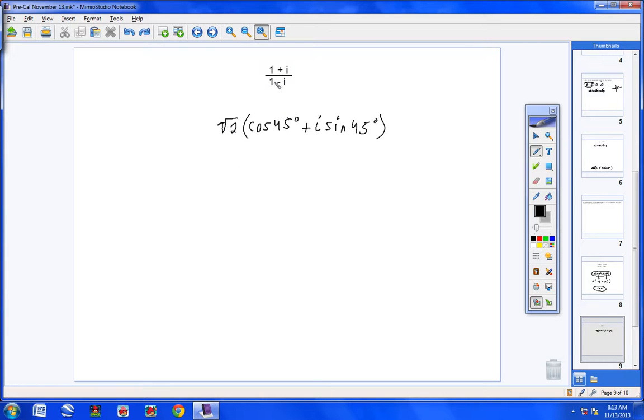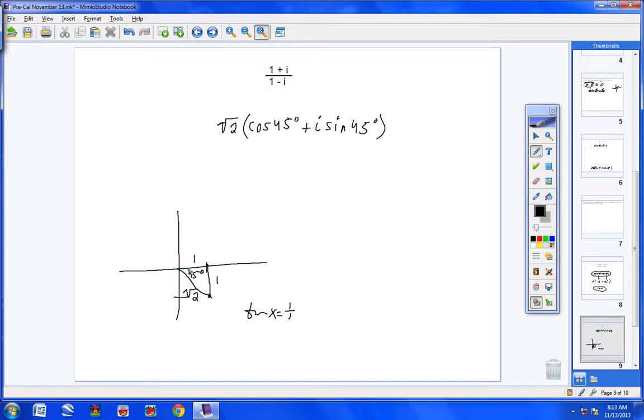Now let's take 1 minus i, and let's write that in trig form very quickly. So 1 minus i is over 1 and down 1. So here's my triangle. Over +1, down 1. And then if you find the hypotenuse, it would be square root of 2. And then if you found your angle here, tangent of x equals opposite over adjacent, you will get 45 degrees, but we're not going to put 45 degrees.